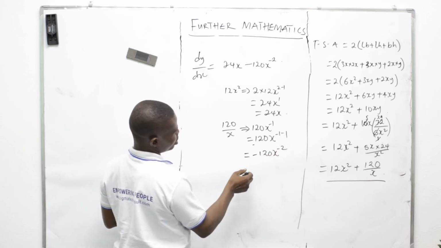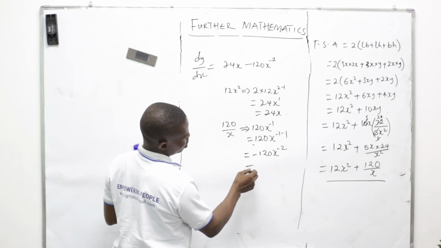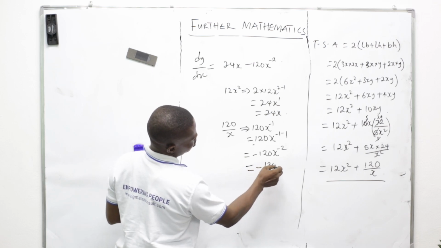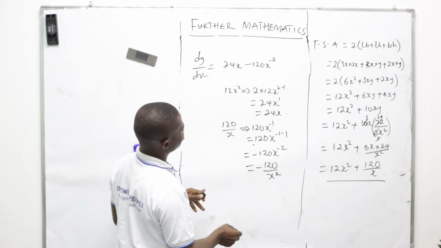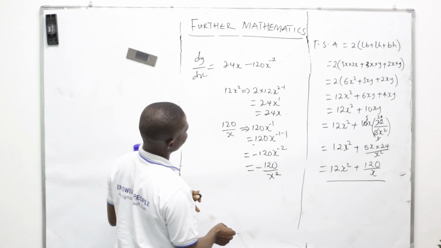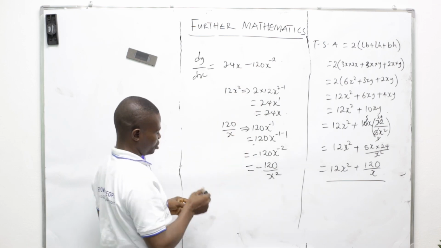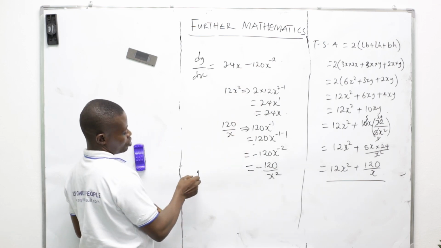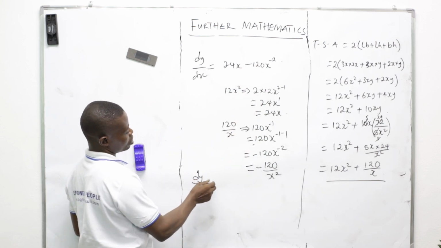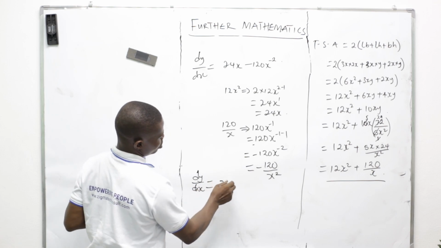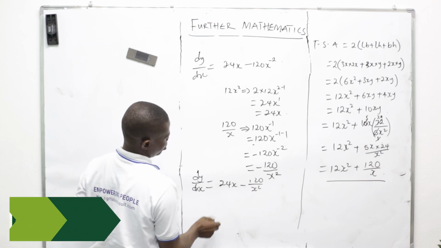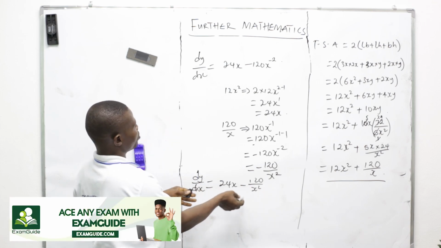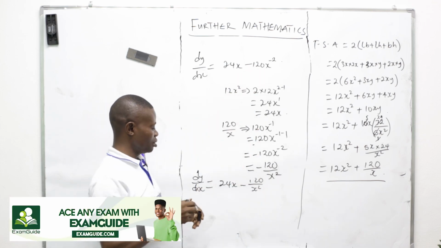Interpreting it in standard form, dy dx equals 24x minus 120 all over x squared. If you like this one, if you don't like, you can leave it this way.